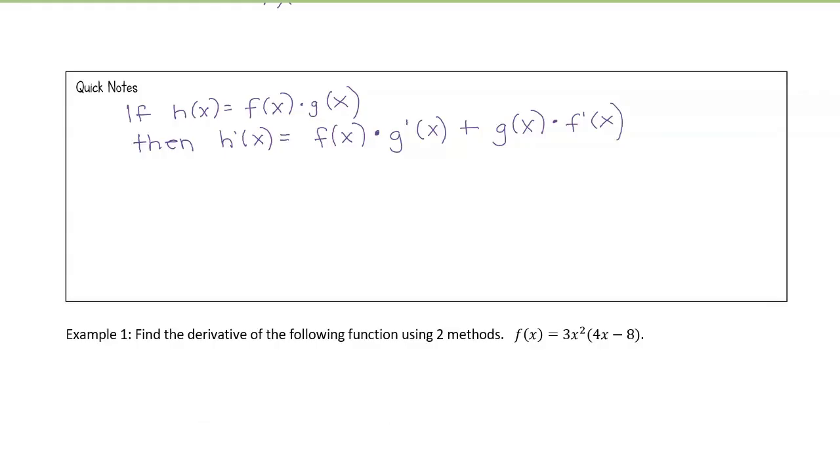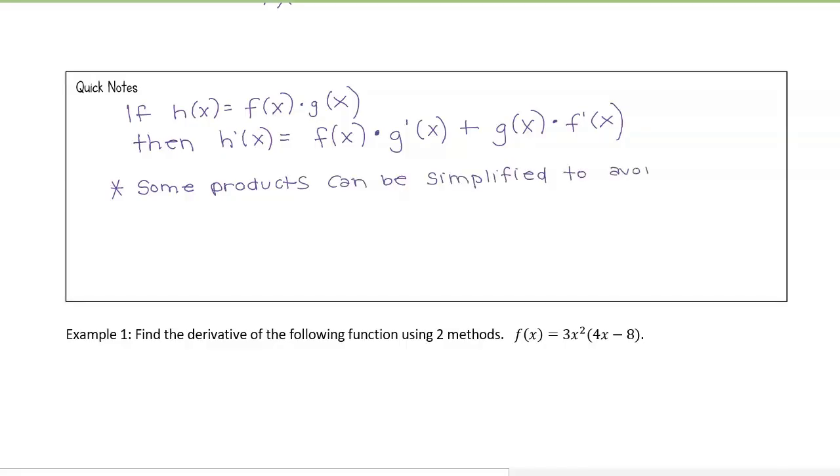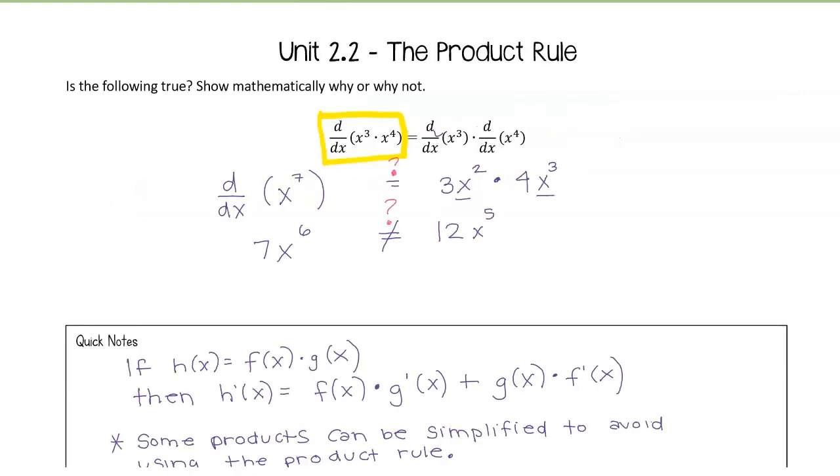Okay, a couple notes about the product rule. First, some products can be simplified to avoid using the product rule. We saw that up here on the left-hand side of this expression. We were able to combine these terms because they both have the same base and then find the derivative.